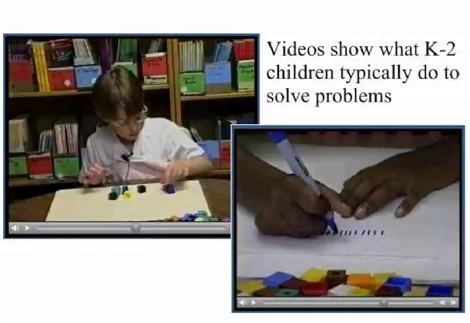And those videos are there to show what these children typically do to solve problems. So the children that they've chosen to highlight and include on these videos are included because they are doing strategies that are very typical of how children that age solve problems.